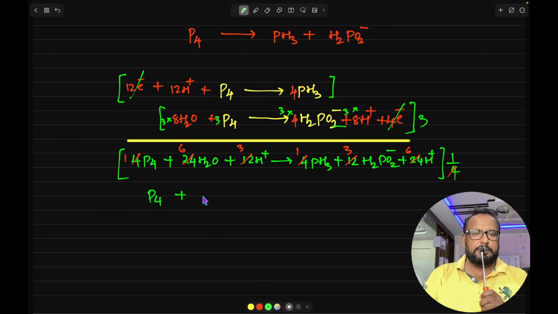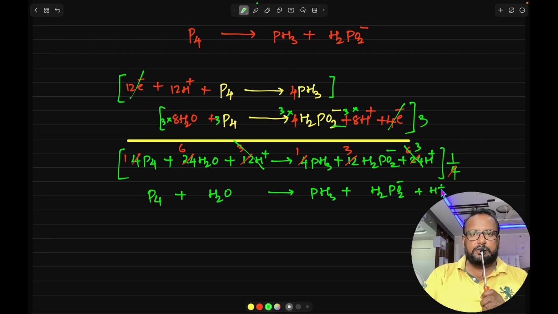P4 plus H2O plus 3H+. So I can also do one thing, 3H+ and 6H+, I'll help with 3, so I don't write this here. I erase this. P4 plus H2O gives us PH3 plus 3H2PO2-, I would like to put them with the negative sign, PO2- plus I got H+.